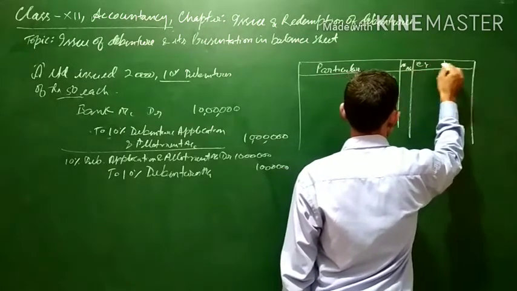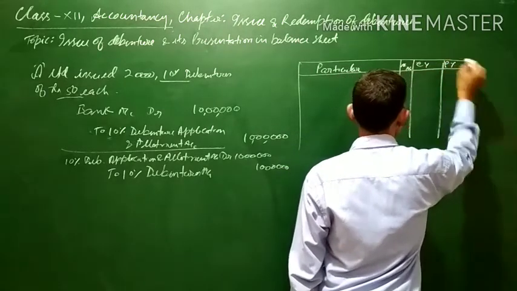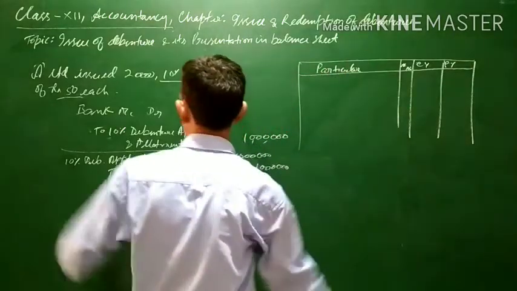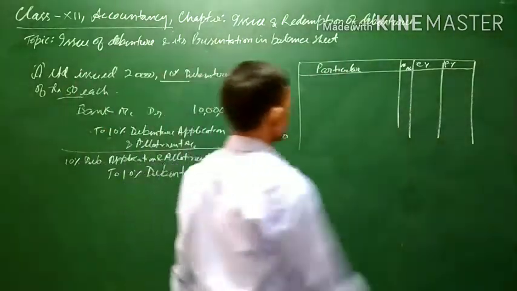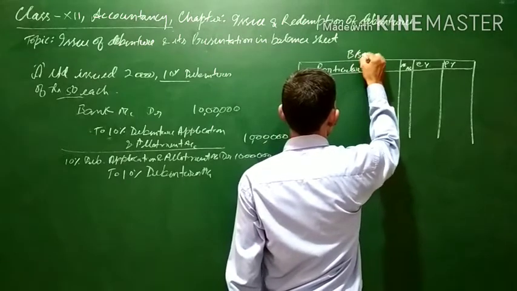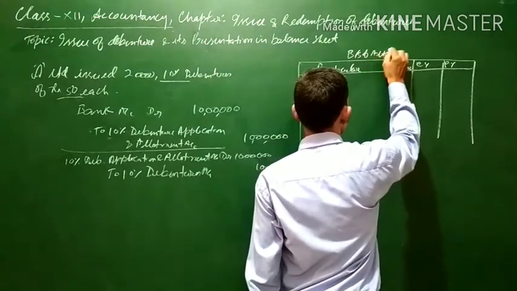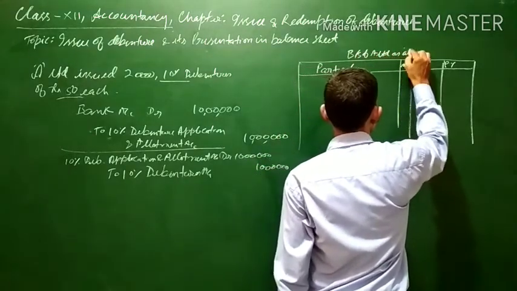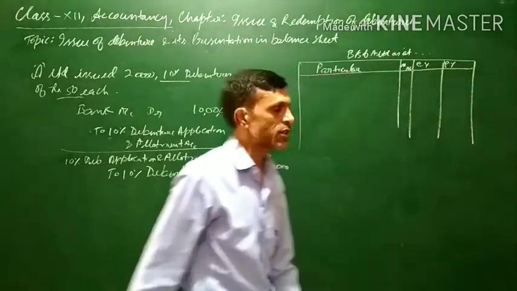At the top you can write balance sheet of A Limited as at date. The date will also be mentioned.